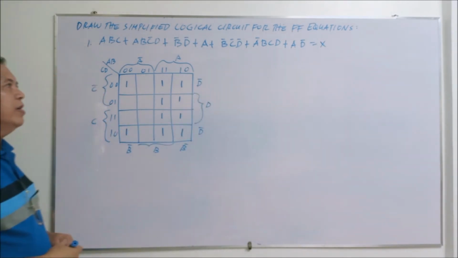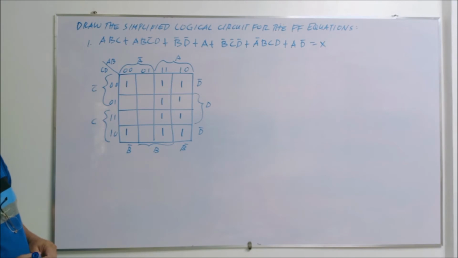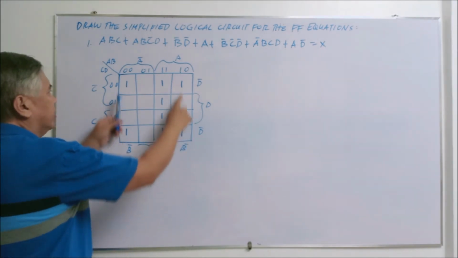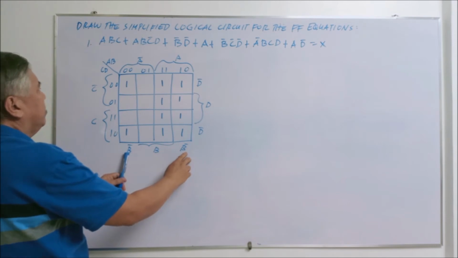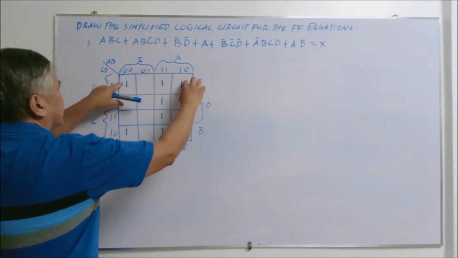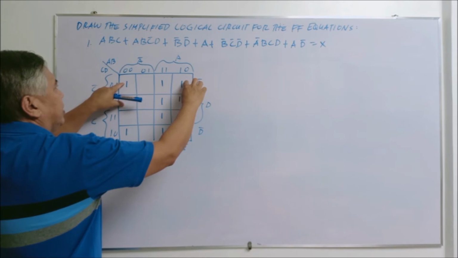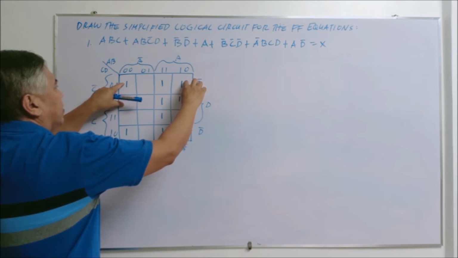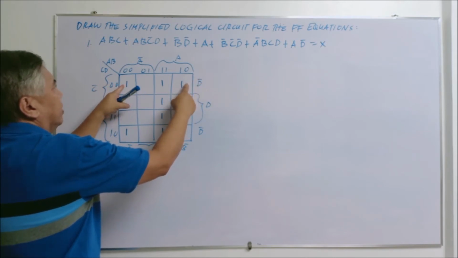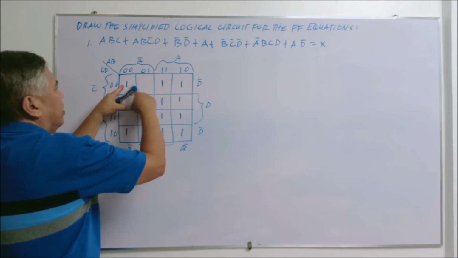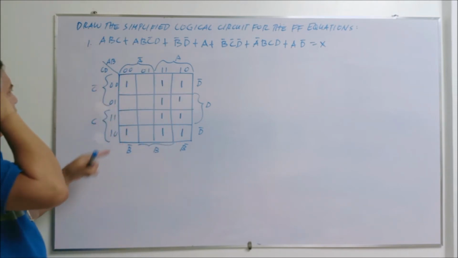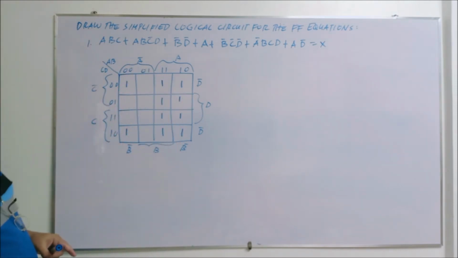That is a 3-variable term, which means you have 2 adjacent cells. So you have B bar here, 8 cells, and then C bar here, so that means 4 cells here, and then D bar. Where's D bar? This one. Okay, so we already have 1 here and 1 here, so no need to place another 1.